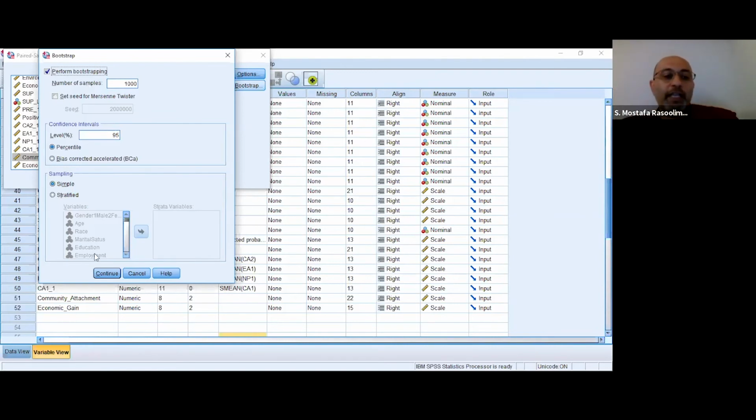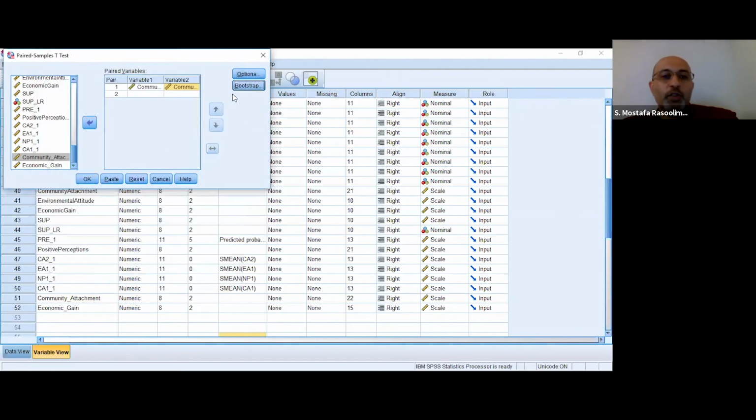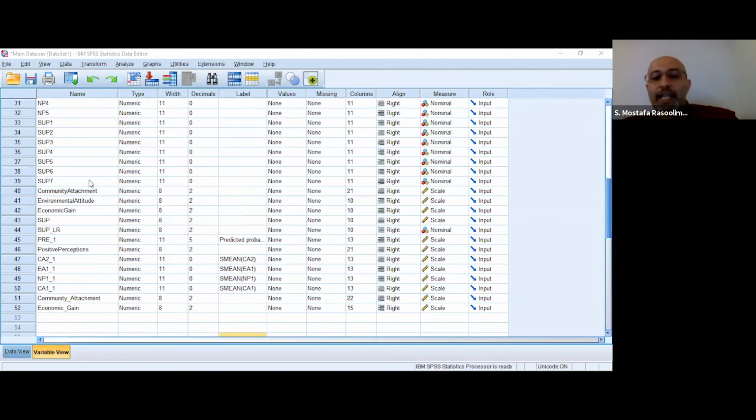So if we click on Continue and OK, here we can see the result. The table is exactly similar to the one sample t-test. Here you can see mean difference, standard deviation, t-value, and p-value.